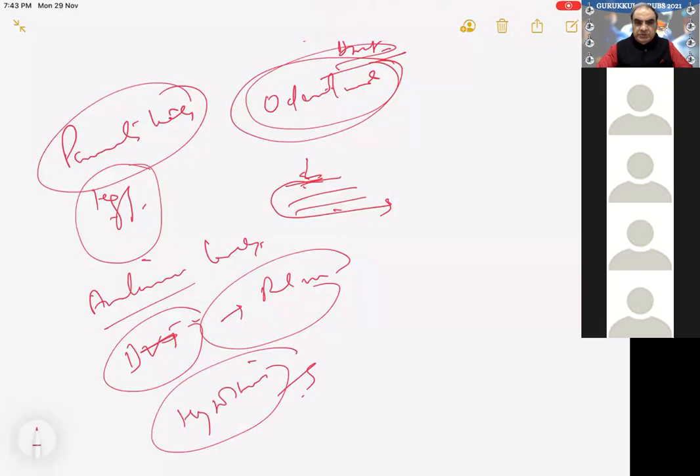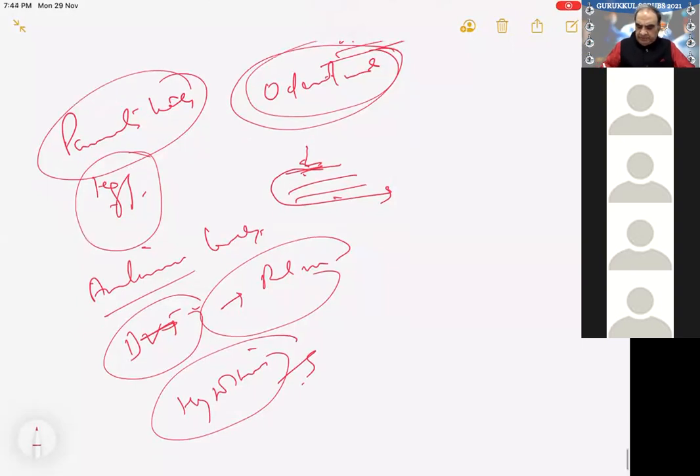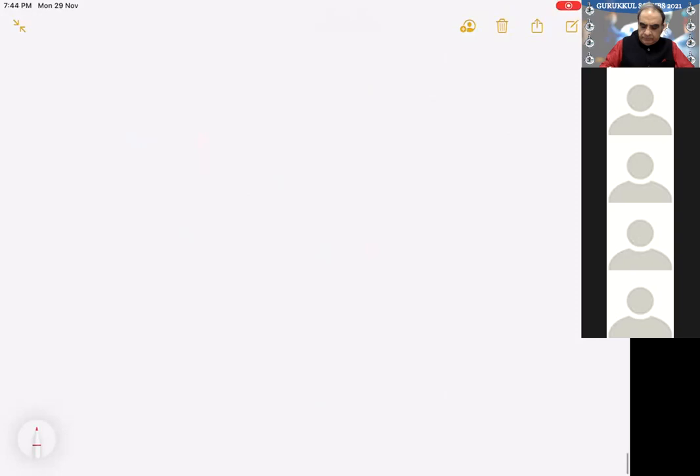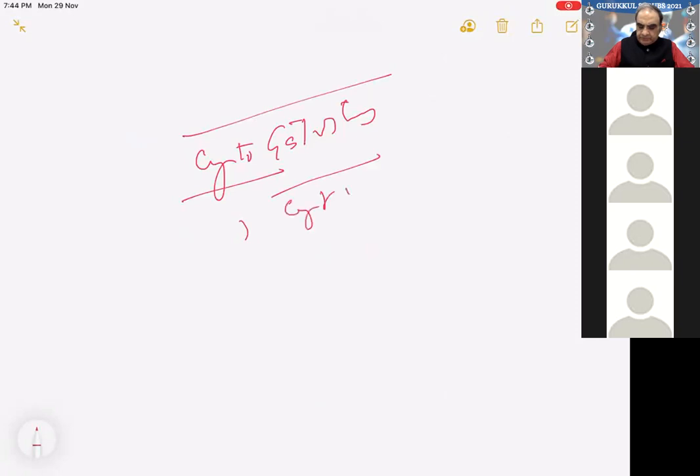Is there any case, asks Chetan, where cystojejunostomy is preferred over cystogastrostomy for drainage of a pancreatic pseudocyst? Chetan, the common surgery is cystogastrostomy, because if the cyst is indenting in the posterior wall of the stomach, it's easier to do.